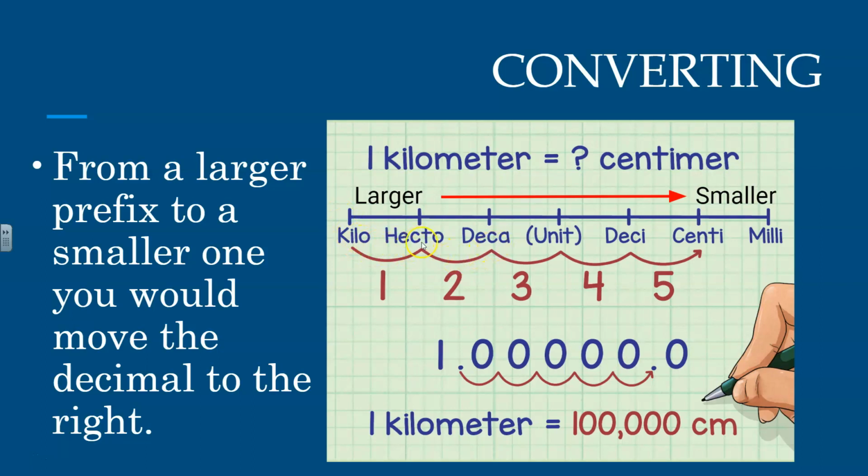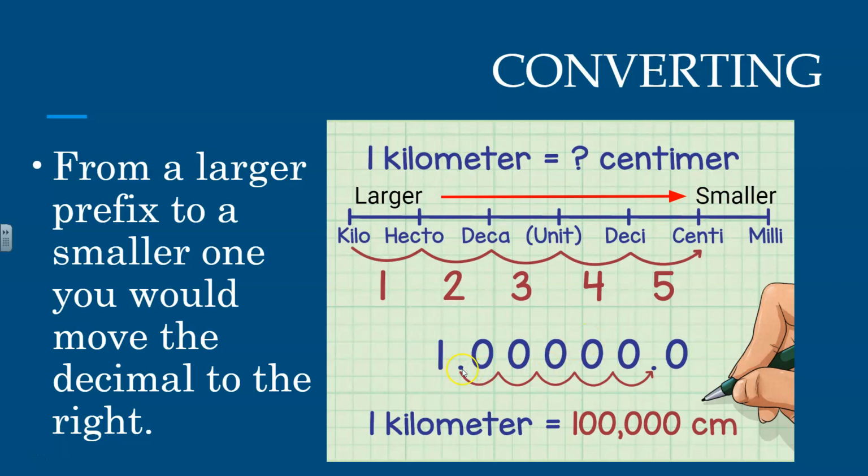So if I had this setup here, which you remember King Henry died unexpectedly drinking chocolate milk, right? That gives us this. There's 5 spaces or units or prefixes, right? 1, 2, 3, 4, 5 between kilo and centi. Right?